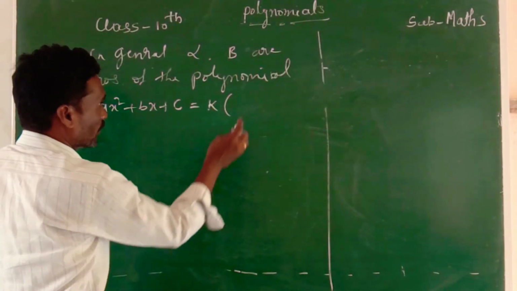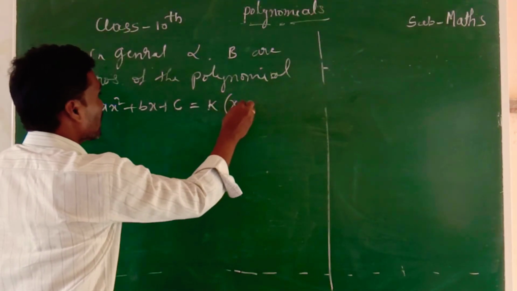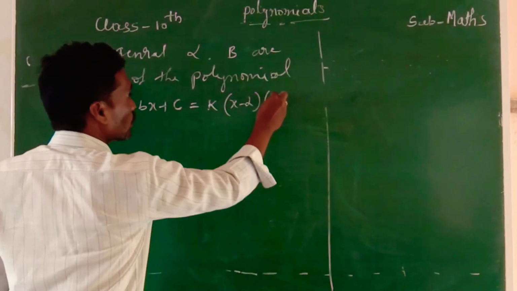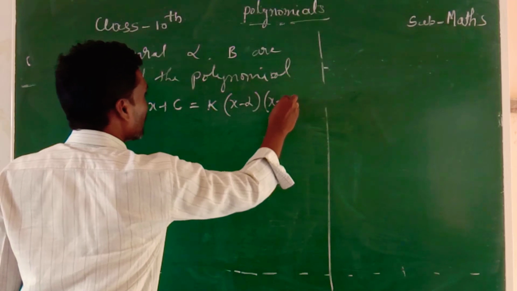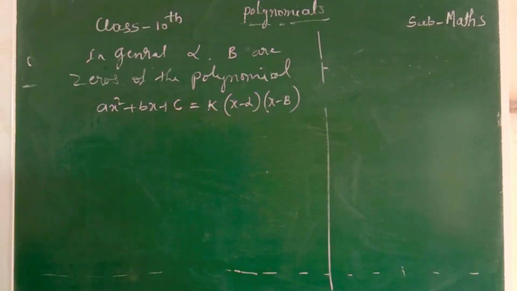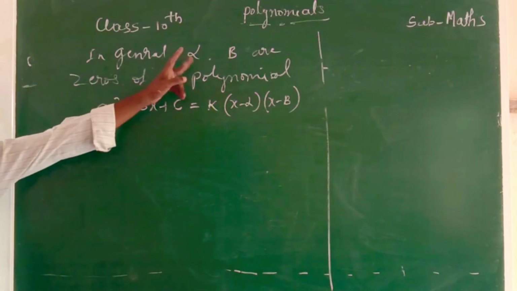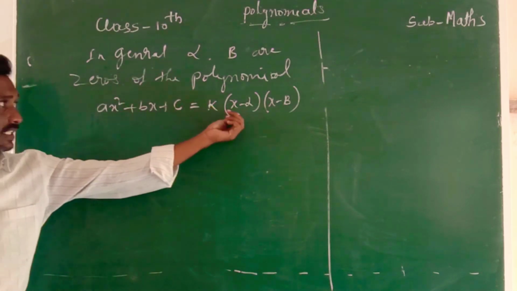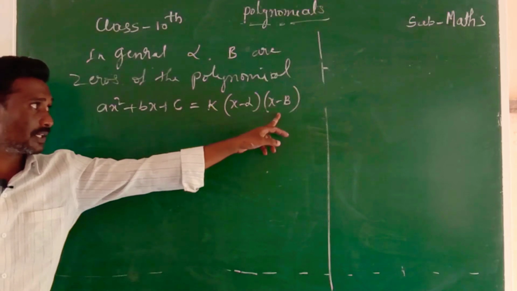Here we come to know that the factorization is x minus alpha into x minus beta. Why? Because alpha and beta are the values of x, so we can write in terms of x minus alpha and x minus beta.